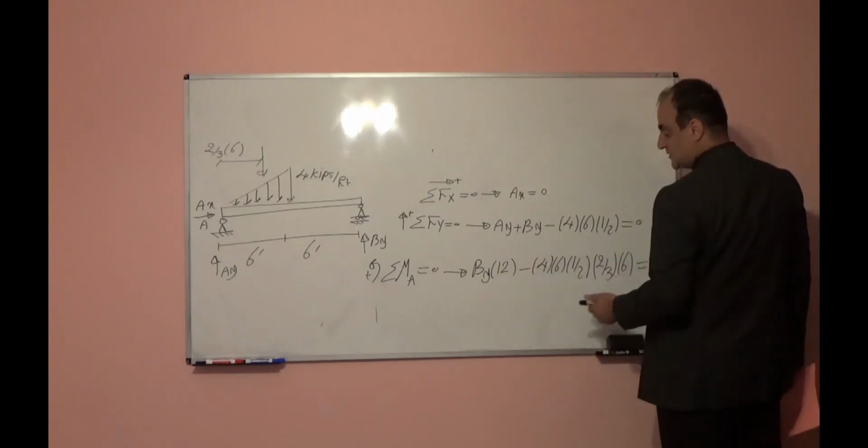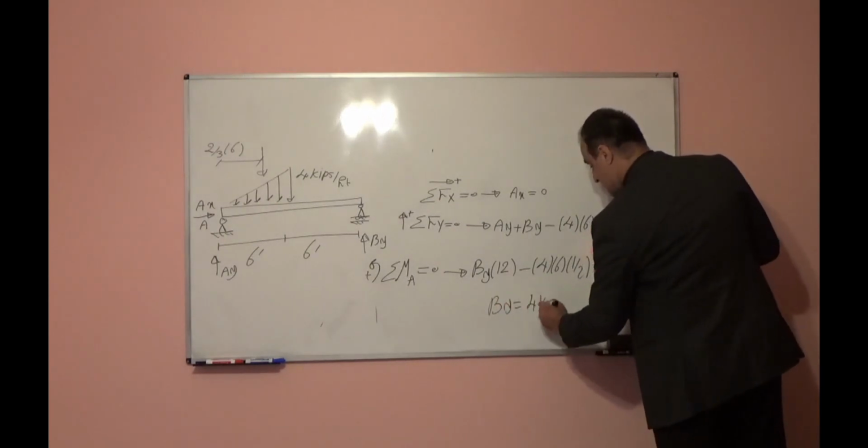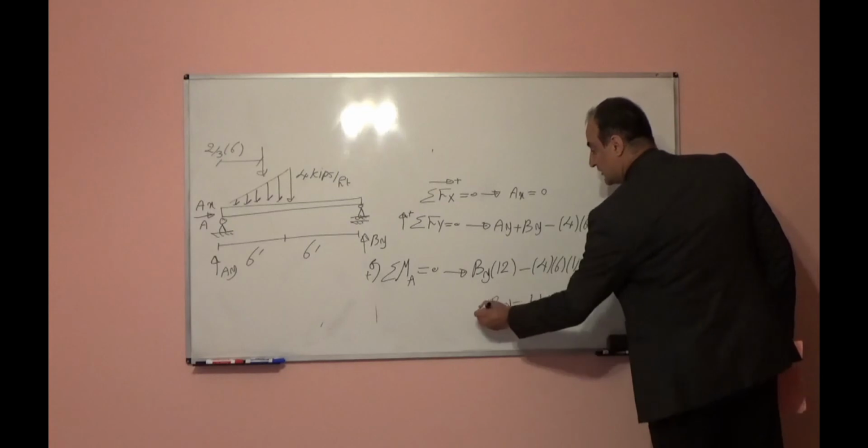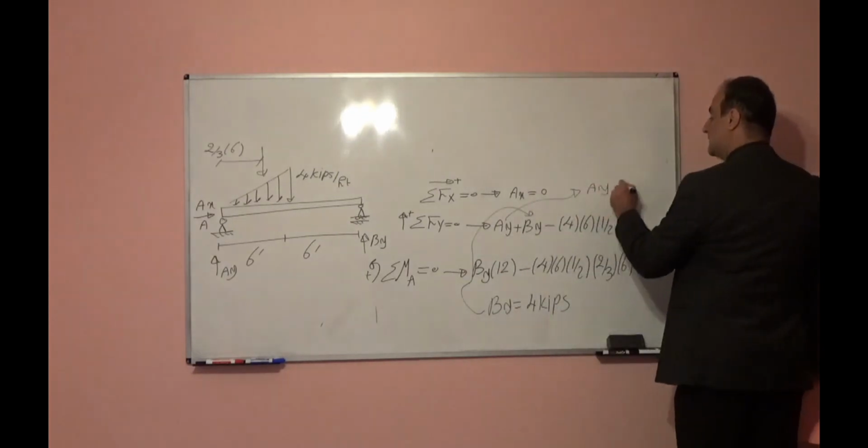From this equation you can find BY. BY will be 4 kips. If you plug BY here, you can find AY.